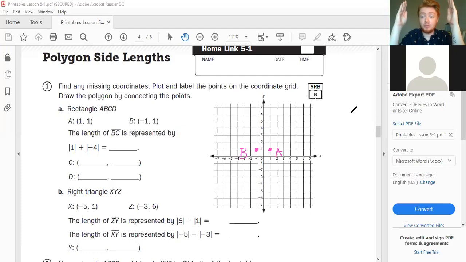So whether that number in there is positive or negative, we want to focus on the 4. So then what would 1 plus 4 be? 1 plus 4? Yep.